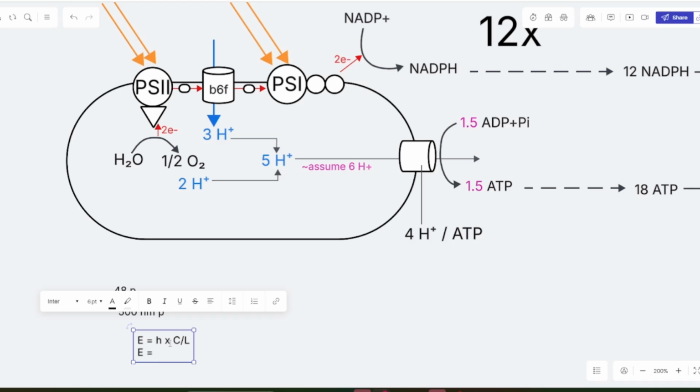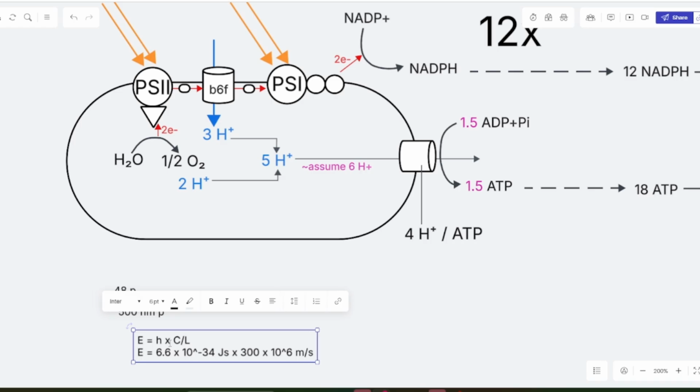So writing this, the Planck's constant is 6.6 times 10 to the negative 34 joules second. And the speed of light can be written as 300 million meters per second, so 3 times 10 to the 8 meters per second. And then the wavelength is 500 nanometers.